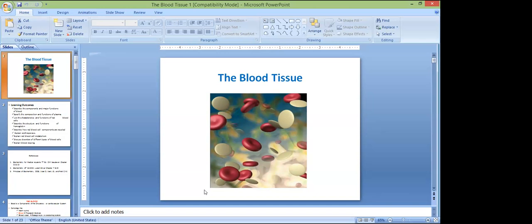Blood tissue. So according to the guidelines, the major thing we'll be focusing on is red blood cells. But as an overview, when we think of blood, number one, we say blood is 60 to 75% water, right?